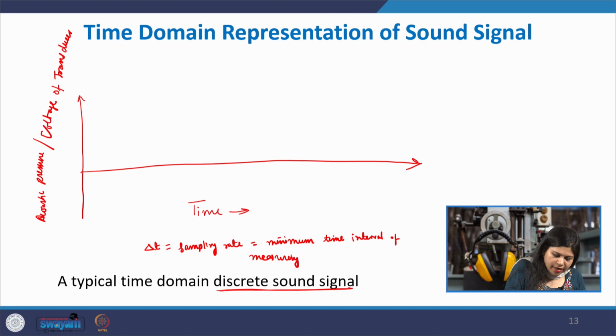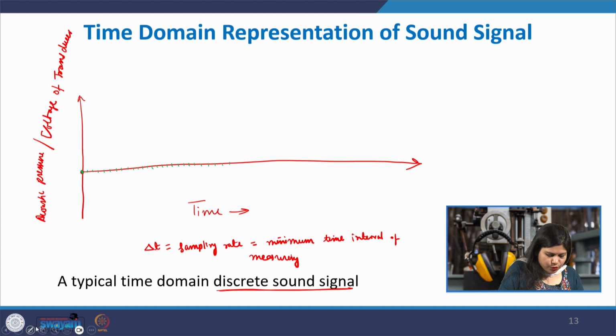So, let us say we started from some instance t equals 0, then at certain other instances. I will indicate all the measurement instances using this green. So, let us say this is one instance, then we took a measurement here, here, here, here. These are the various time instances at which our instrument measured the sound signal.